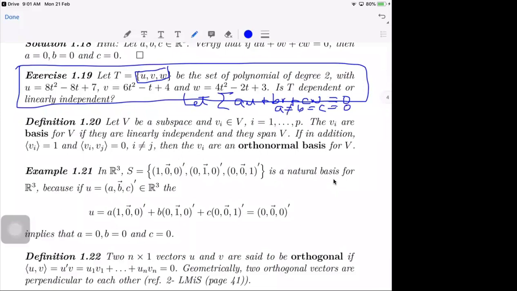You cannot make a, b, and c equal to 0. So these vectors are not linearly independent.